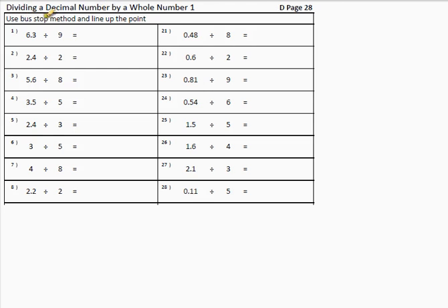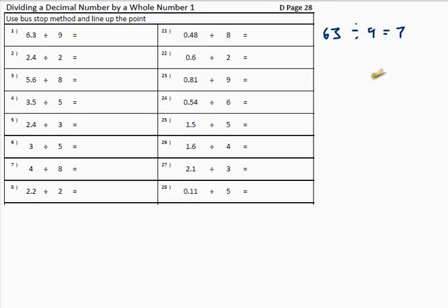And first of all, we're going to do dividing a decimal number by a whole number. Now there's 3 videos that I have and workbooks on division, so you can look back at them if you don't know how to divide. You might know that 63 divided by 9 is 7.